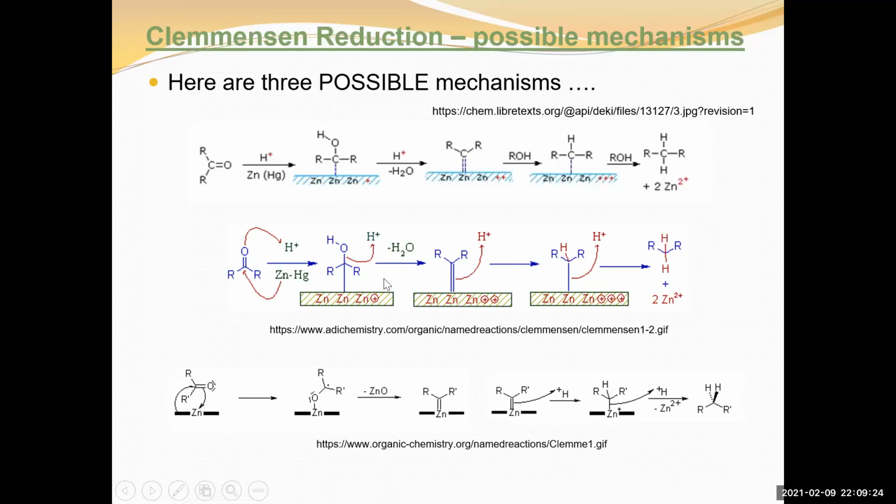In the first 2, the source of protons would be an acid. In this first one, they're also utilizing an alcohol as a source of protons. There is a certain pKa associated with that acidic proton on an alcohol.